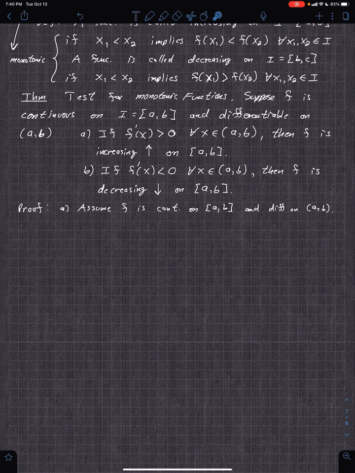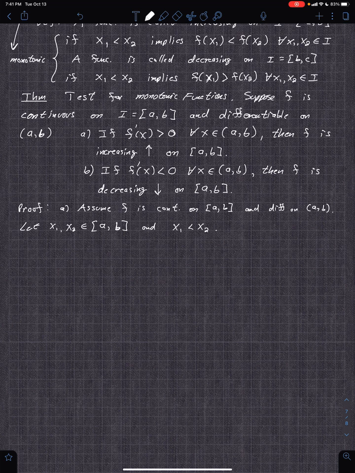So now we're making this assumption right here that it's in the interval. So we're going to let x1 and x2 be in AB. And actually, it doesn't really matter if it's in the open or closed, but the closed is fine. And we're assuming x1 is less than x2.